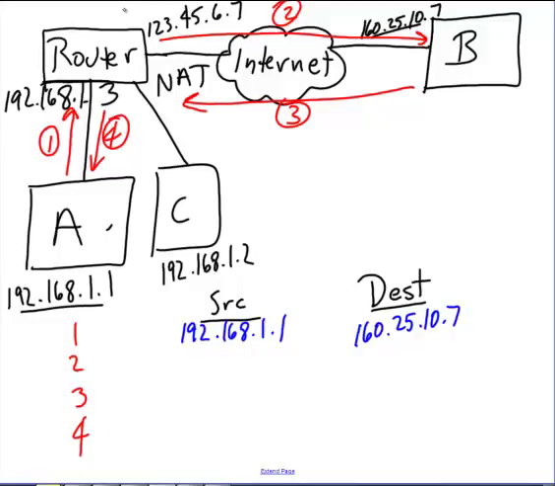So A sends the packet through the network via the router because the path it takes goes through the router. Now the router sees this packet going through, sees that it comes from an IP address on the inside of the private network and says, aha, I'm going to make it look like that packet came from me. And so it rewrites the source to be its globally routable IP address.